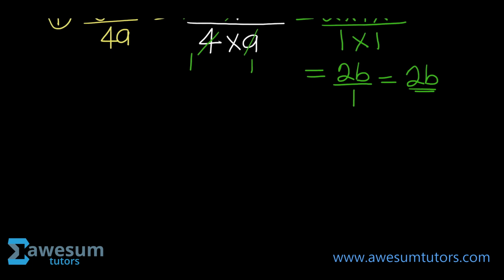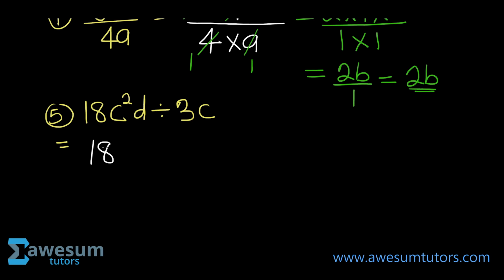We're going to look at this example also right here. 18c squared d divided by 3c. This is the same thing as saying 18, take note, c squared means you are multiplying c 2 times.